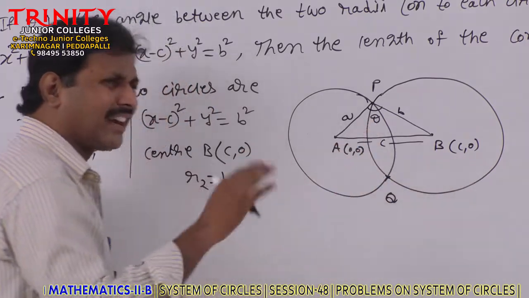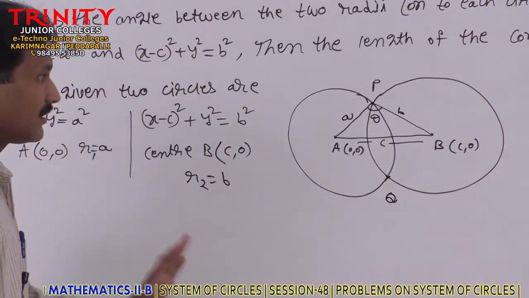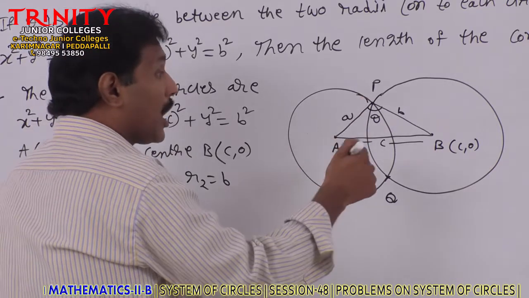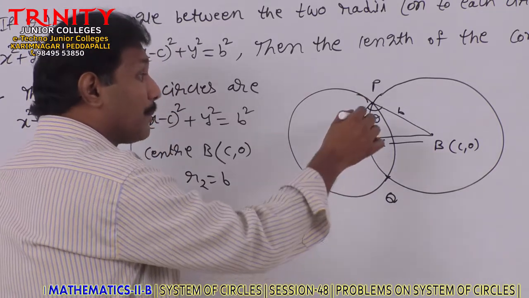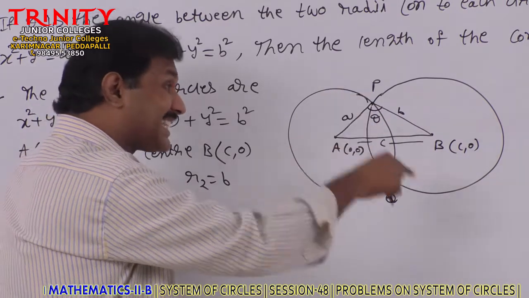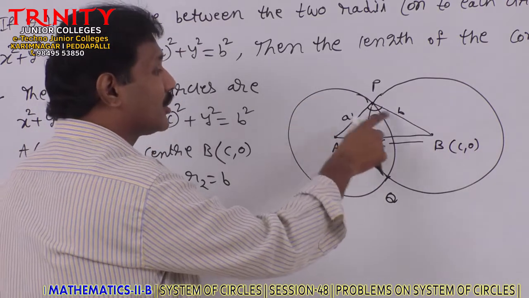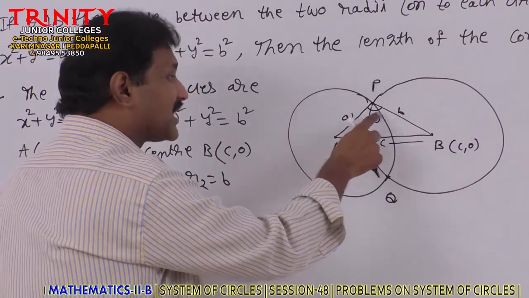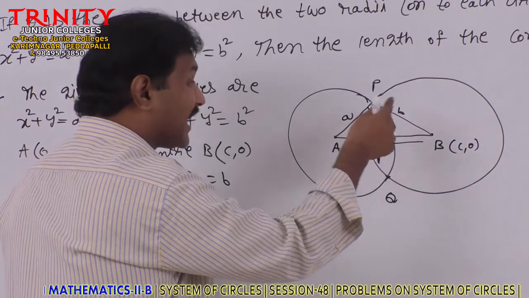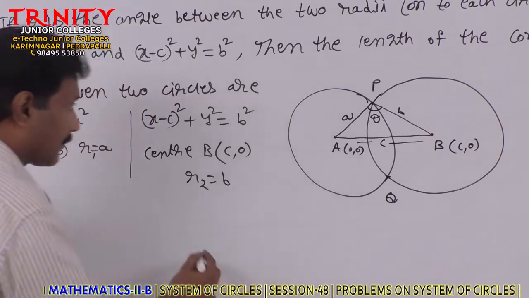Here generally we represent theta as the angle between the tangents, but here not tangents. Theta is the angle between the radii. Which radii? The line segment joining the point of intersection to the first center and the point of intersection to the second center. Theta is the angle between these two lines. Draw the diagram.